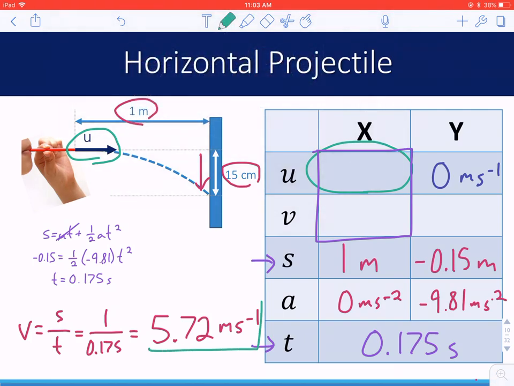And that is our final answer, 5.72. That's how fast it exits the straw.